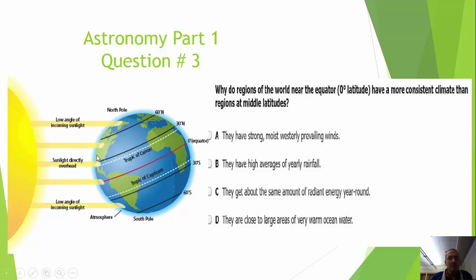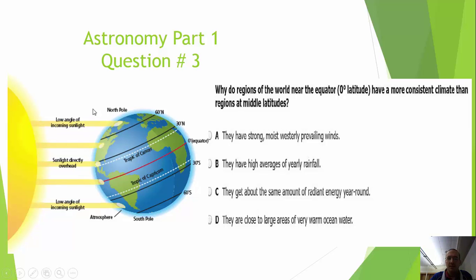These direct or mostly direct sunlight rays right here are going to heat up these areas more consistently than our inconsistent rays of light up here. So we have our direct versus our indirect. Indirect is going to be more spread out.